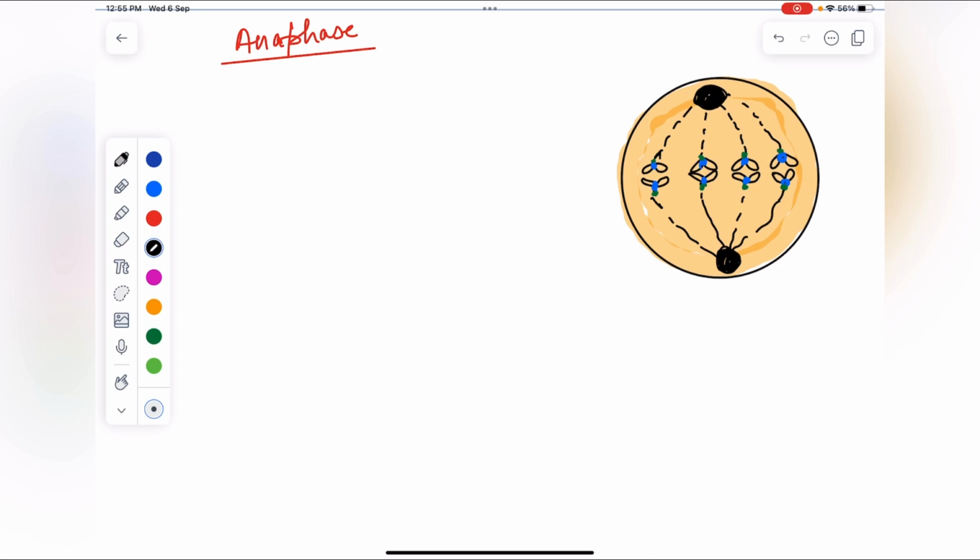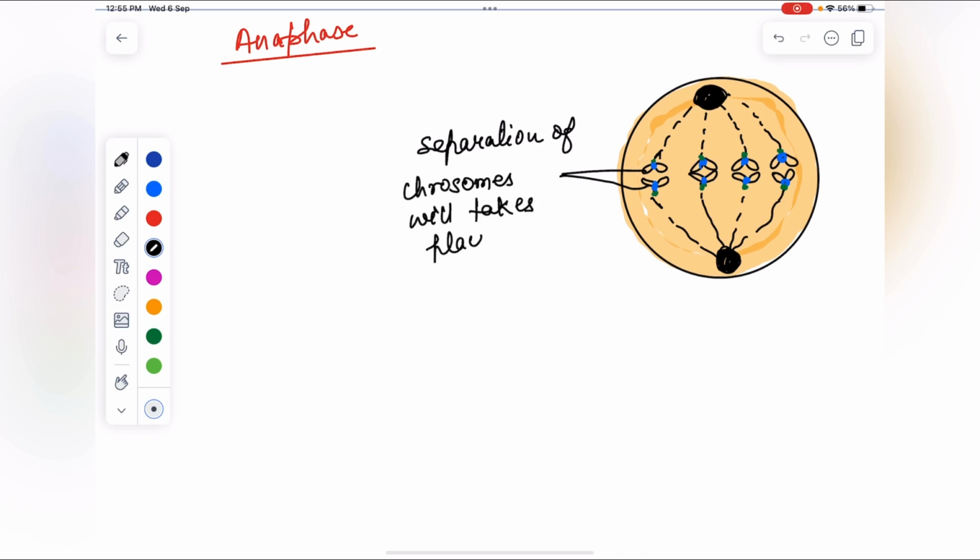What happens in this? There will be a separation of chromosomes, which will take place by the shortening of the spindle fiber.